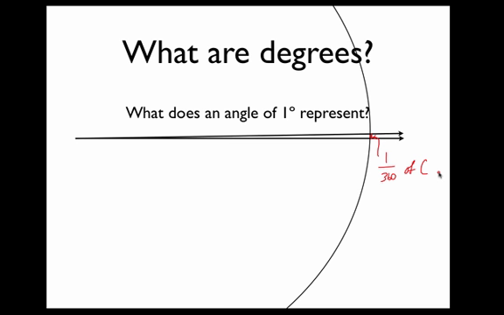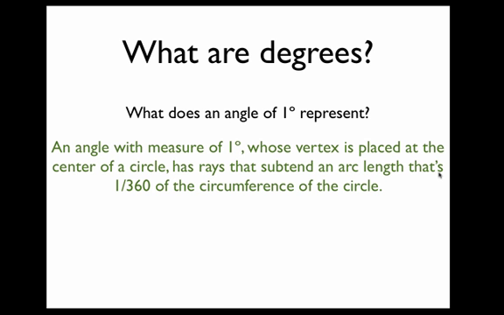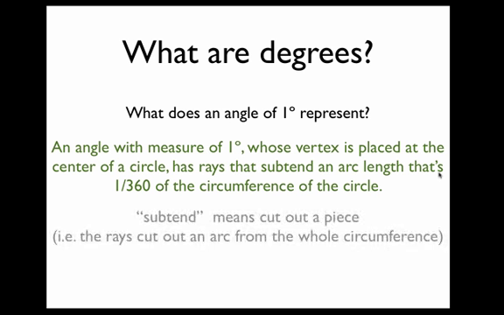It's the angle whose rays subtend, or cut off, an arc length of 1/360th of the circumference. So here's that written out. We place the vertex at the center, and it has rays that subtend an arc length that's 1/360th of the circumference. Again, subtend means to cut out a piece.